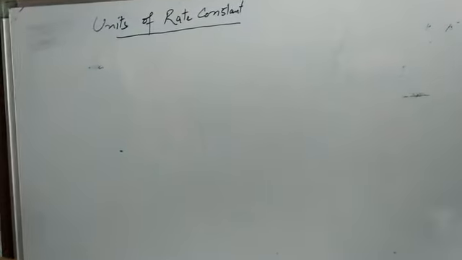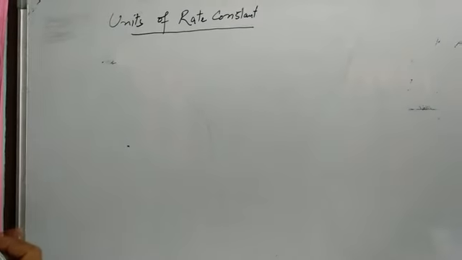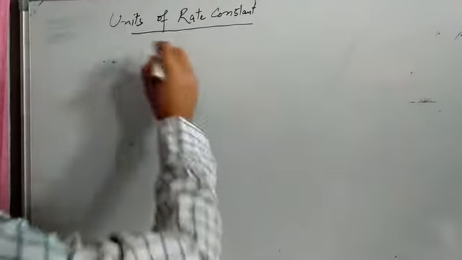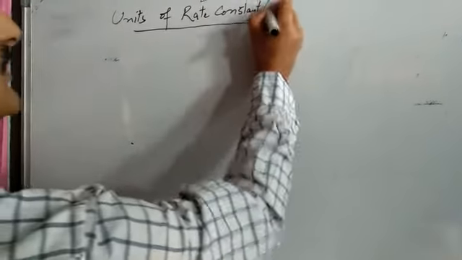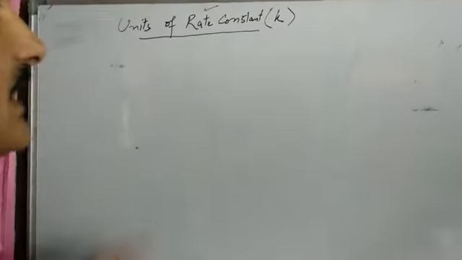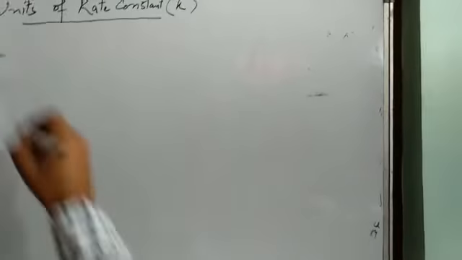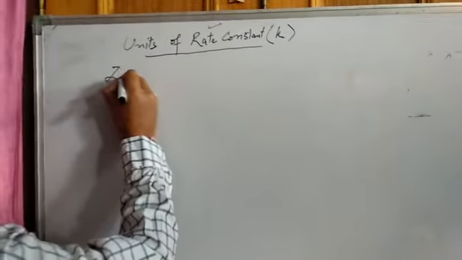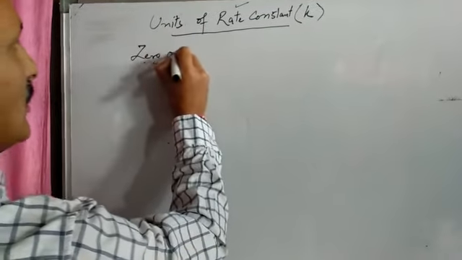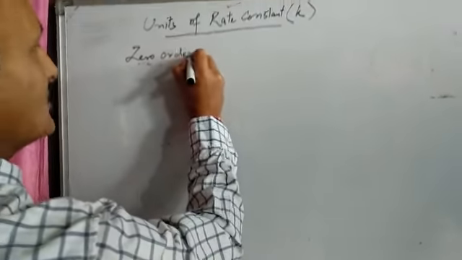We have zero order reaction, then we have first, second and third order. We can find the units of rate constant, K, for different orders of reaction. So let us first take the zero order reaction. How can we find its units?